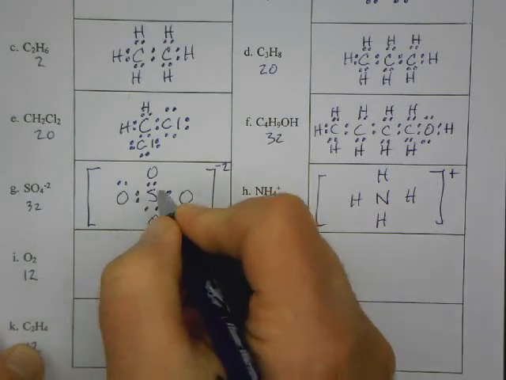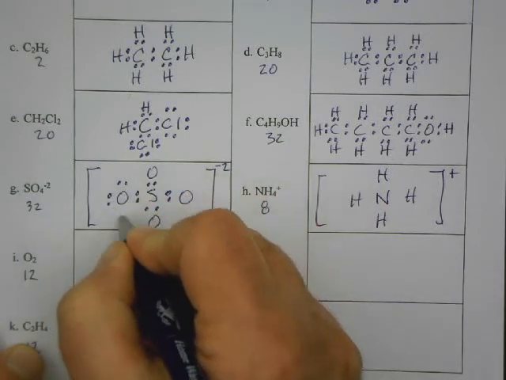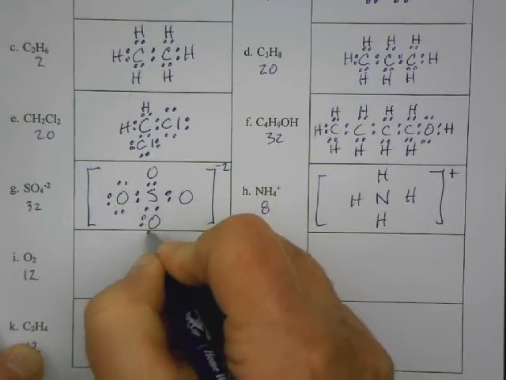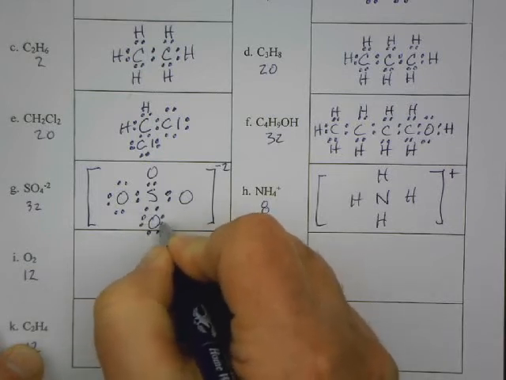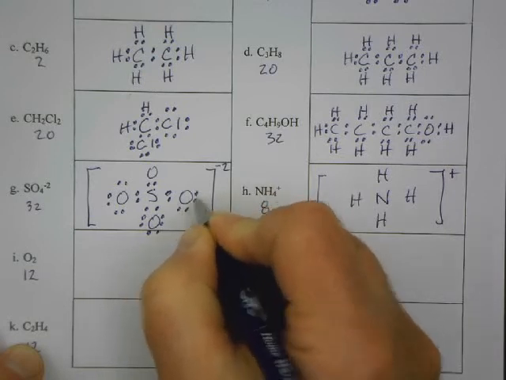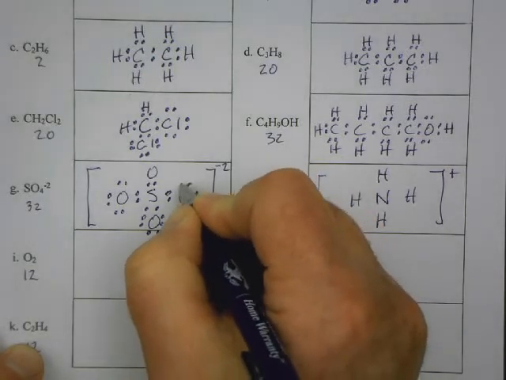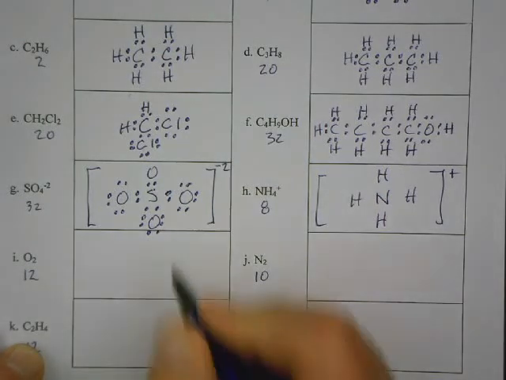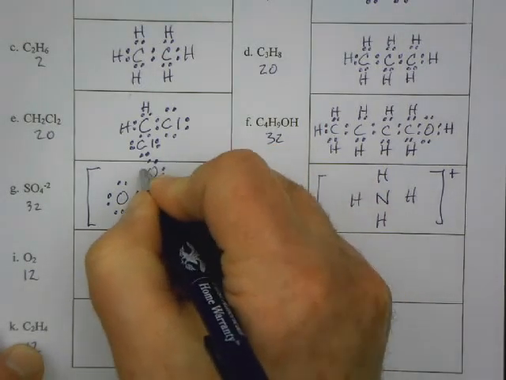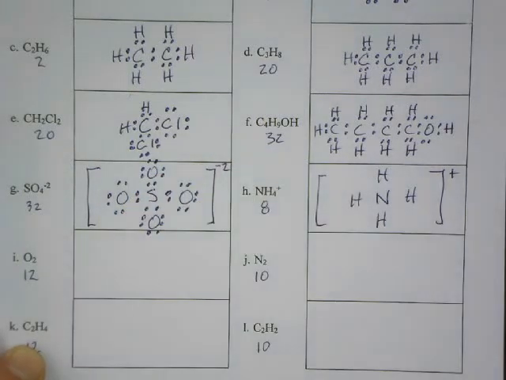So 4, let's see, that's 10, 12, 14, 16, 18, 20. Again, notice if I get a little sloppy on it, it's harder to tell the pairs of dots. Now I'm up to 26, 28, 30, 32.